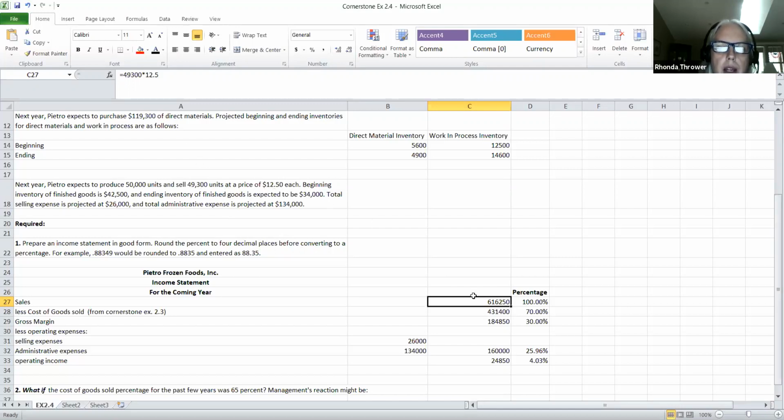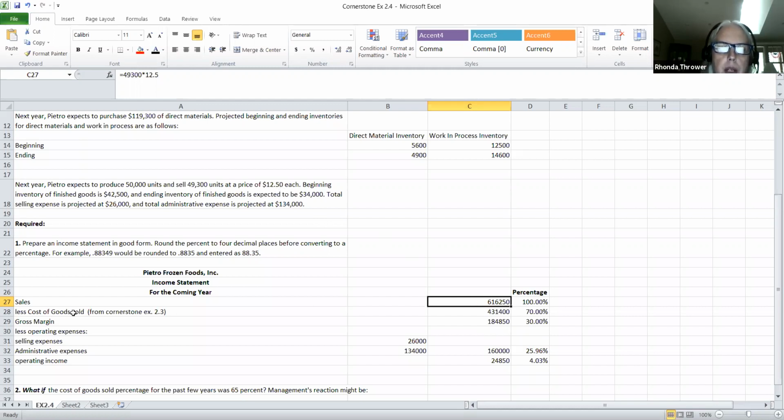When we do that, that'll give us total sales of 616,250. These are your costs that are associated with the income statement. They also wanted you to show your percentages. And so I'm going to start with our cost. We see how we're calculating the sales. The number of units sold times the selling price per unit will give you your total sales.